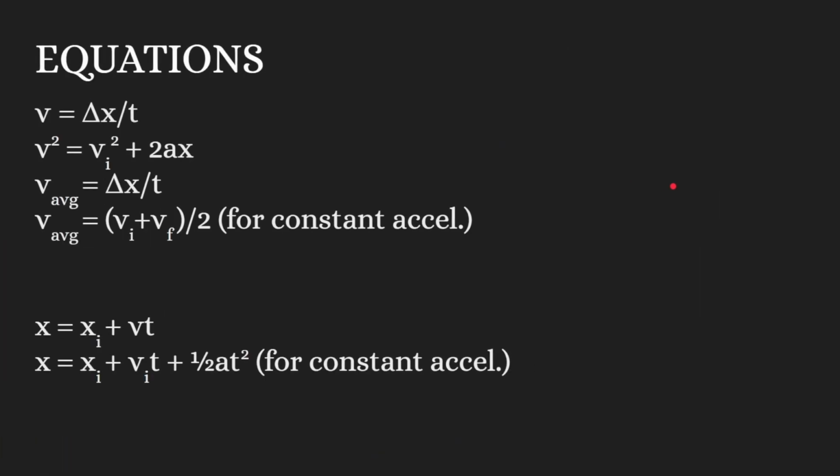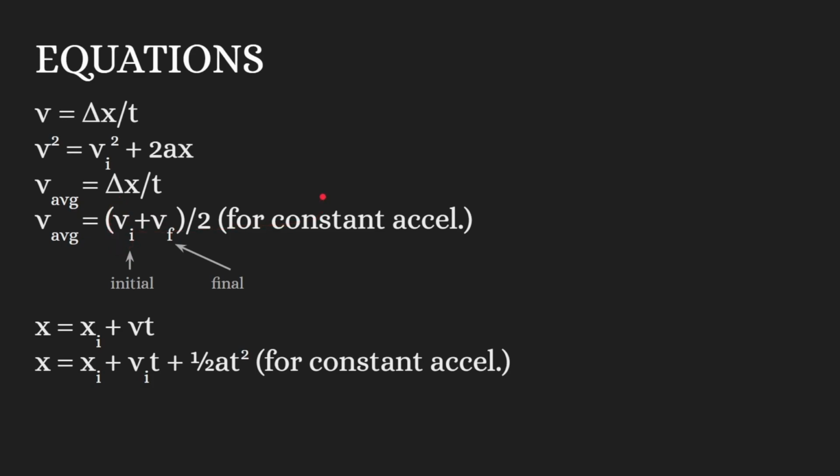Now, here are most of the equations that you're going to need for this unit. You can see x is position, v is velocity, a is acceleration, and t is time. The subscript i here means initial, and f means final. So in this case, this here would be saying the final velocity. This would be talking about the initial velocity.